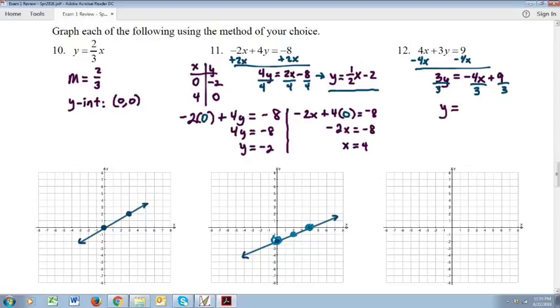And we get y is equal to -4/3 x plus 3. So slope's -4/3. We'll start at 0, 3, our y-intercept. And from there we go down 4. And then our run is 3, so we'll go right 3. So down 4, right 3 puts us at 3, -1.